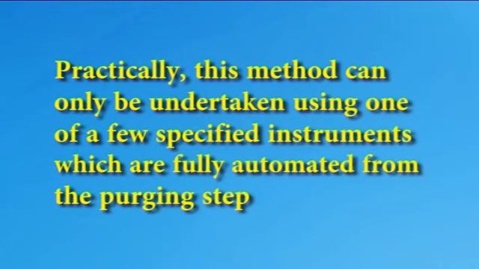Practically, this method can only be undertaken using one of a few specified instruments which are fully automated from the purging step through trapping, releasing the target analytes and introduction into the gas chromatography.